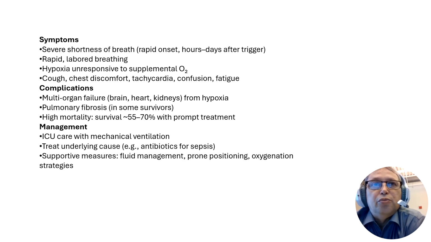Complications can include pulmonary fibrosis in some survivors, and there is a high mortality. Survival is 55 to 70% if you get proper treatment. And remember, ARDS requires ICU care with mechanical ventilation in order to be most successful.